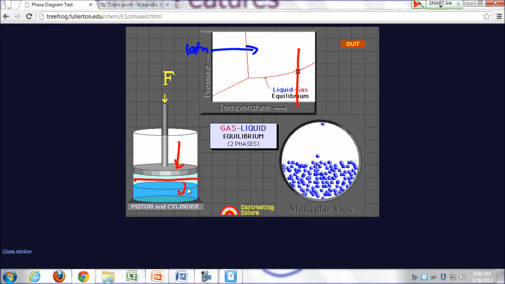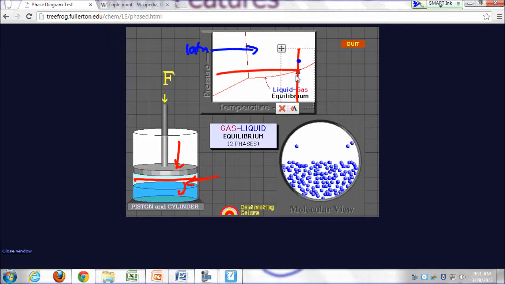But once you get your molecules as close as possible, at very high pressure, once they get really, really close, you'll have to exert a higher pressure. Once the external pressure exceeds the vapor pressure, then everything will turn into a liquid. So once you're past this pressure right here, you go back into the liquid zone.